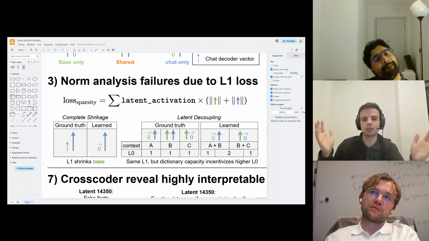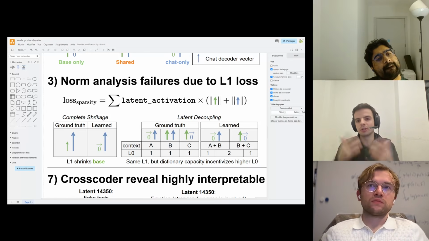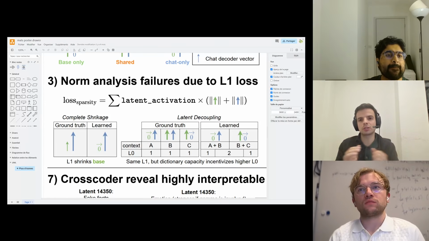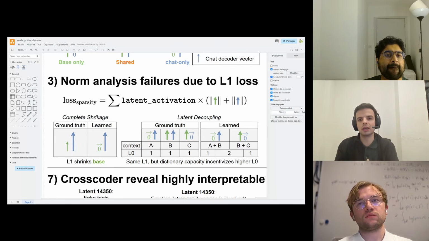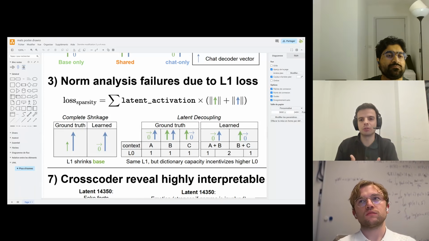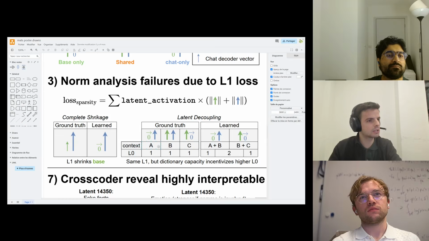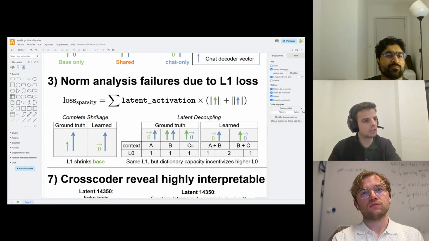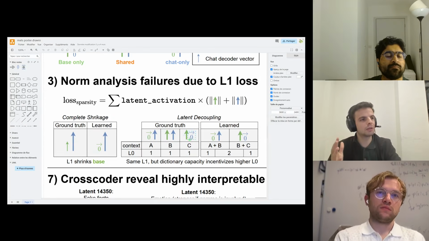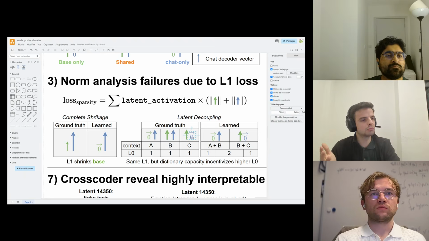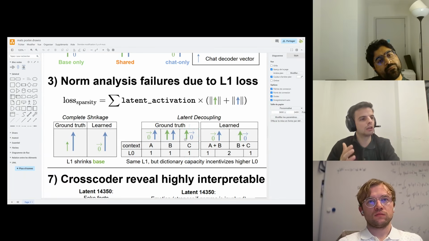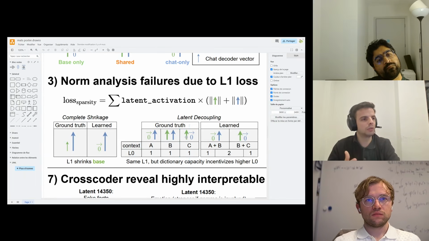But maybe the chat model in the same context doesn't do it, because it's a cat, it's not a dog, I should commit to that. So that would be context C, where in context C, the dog concept is 0 in the chat model and non-zero in the base model.